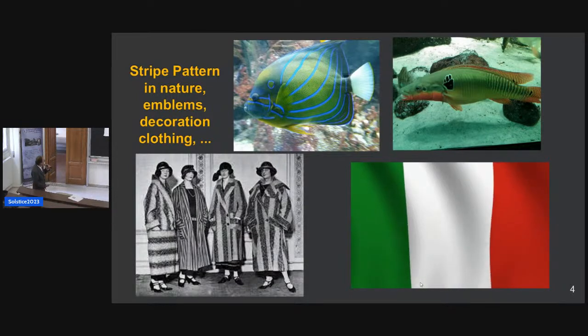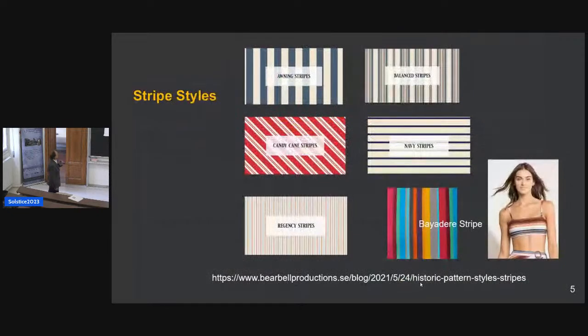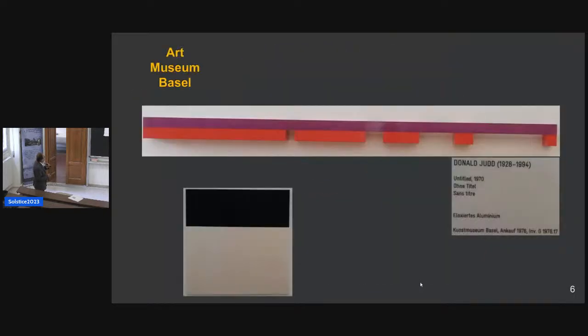And what is the problem? The problem is how can they generate it, and with a certain structure. There are certain stripe styles, as you can see here. And you can even consider them as art. I was once in a museum in Basel, and I saw such 1D patterns which can be interpreted as art.